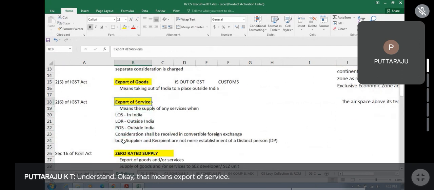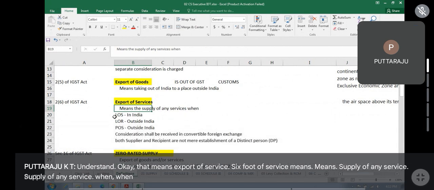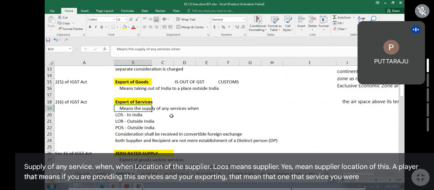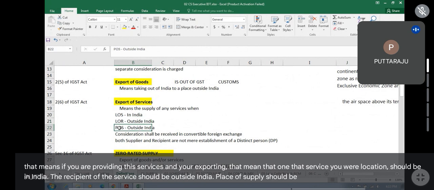That means export of service. Export of service means supply of any service when the location of the supplier, LOS, is in India. That means if you are providing the service and you are exporting that service, your location should be in India. The recipient of the service should be outside India. Place of supply should be outside India.